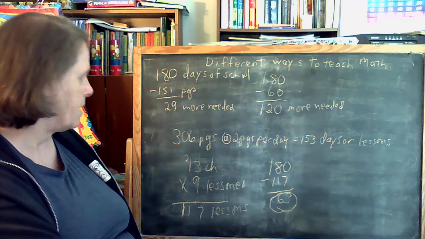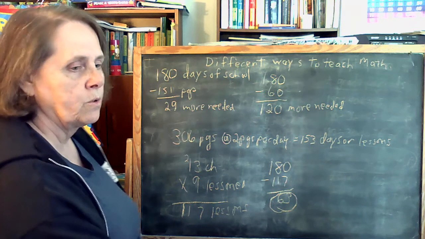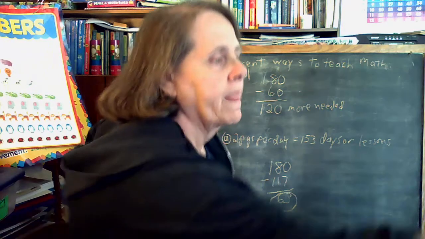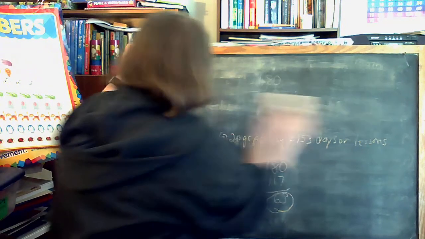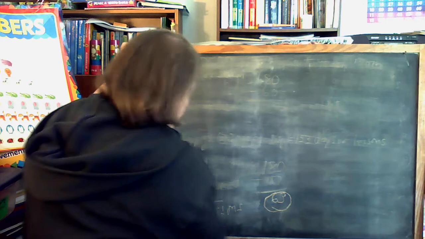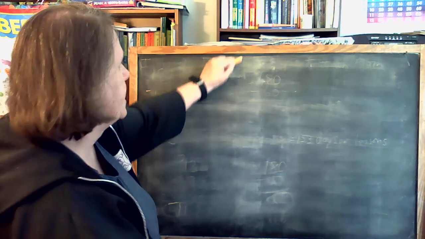Now something that I would like to do is to show you how to figure out on a calendar your 180 days. So, our goal is to come up with 180 days.